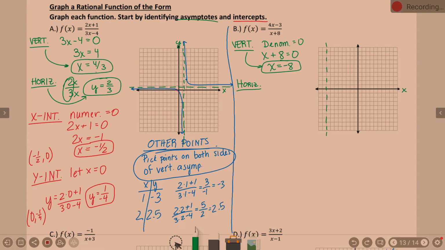In this case, the largest power on top is the 4x term. The largest power on bottom in this case is x. What do you notice about those powers? They're both x to the first.